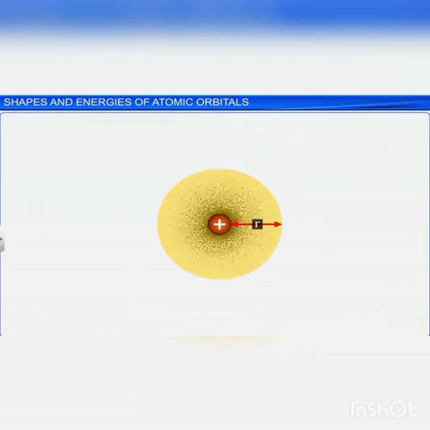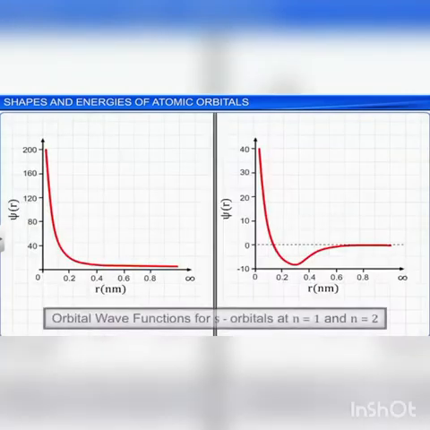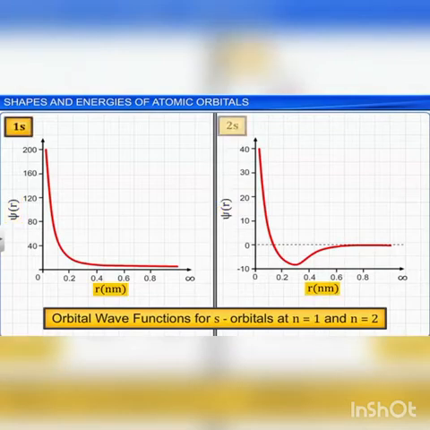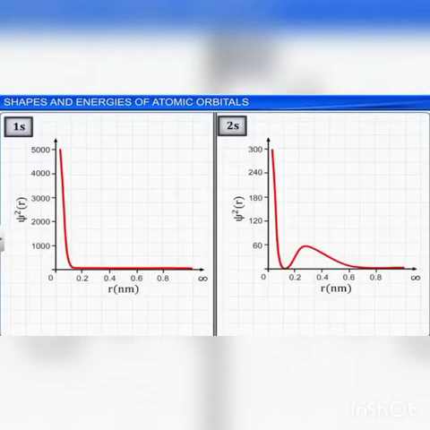Let us look at the plots corresponding to the orbital wave function psi as a function of the distance of an electron from the nucleus, that is, r, for the 1s and 2s orbitals. Similarly, look at the curves of probability density psi square as a function of radius for these orbitals.